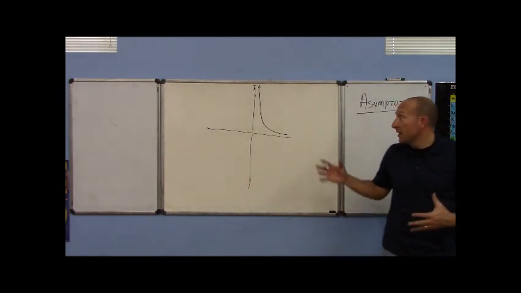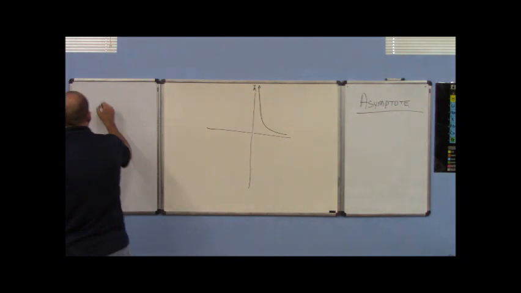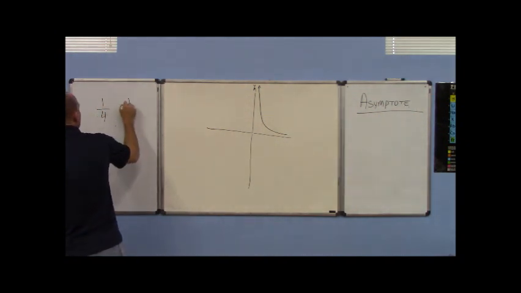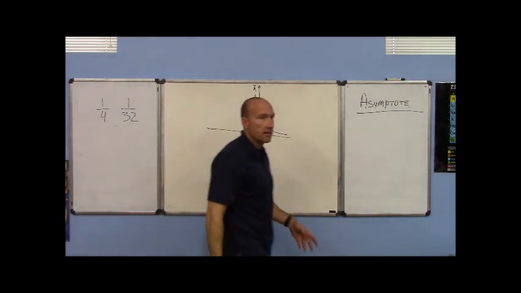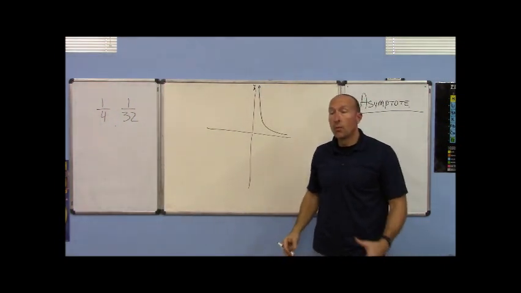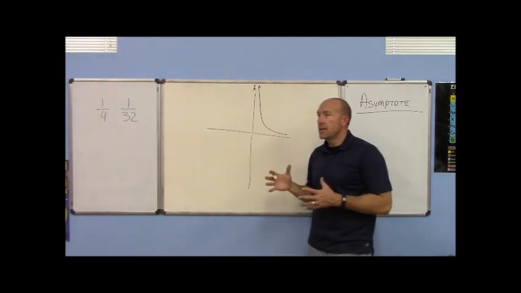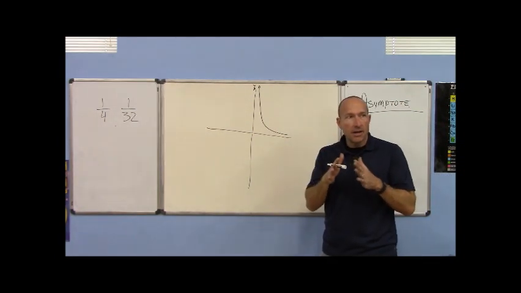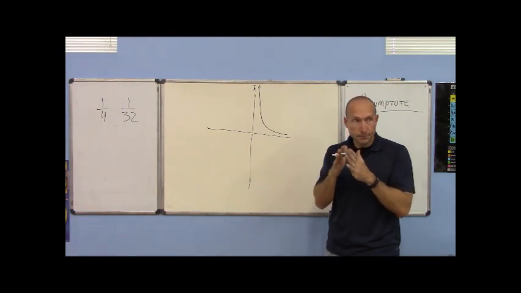One way to think about this is, let's look at these fractions. Which is bigger, 1/4 or 1/32? 1/4 is larger, okay? So 1/32, if you think of a piece of pie, is a smaller piece of pie, actually very, very thin.